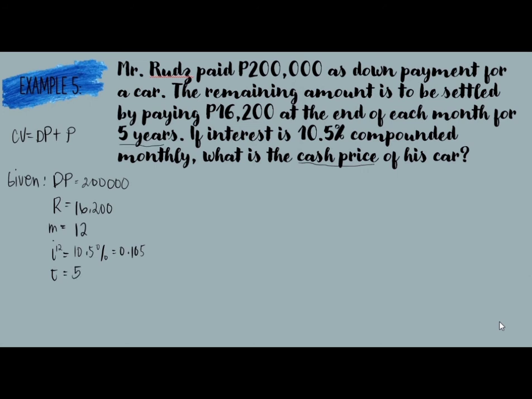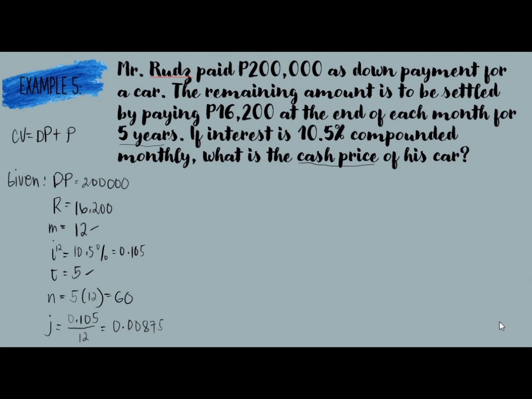So, babayaran daw niya ng 5 taon. Okay, so, compute natin yung total number of conversion period. T times M lang. So, 5 times 12, that is 60. Then, yung interest rate per conversion period is 0.105 over 12. So, kapag dinivide natin yan, ang answer is 0.00875.